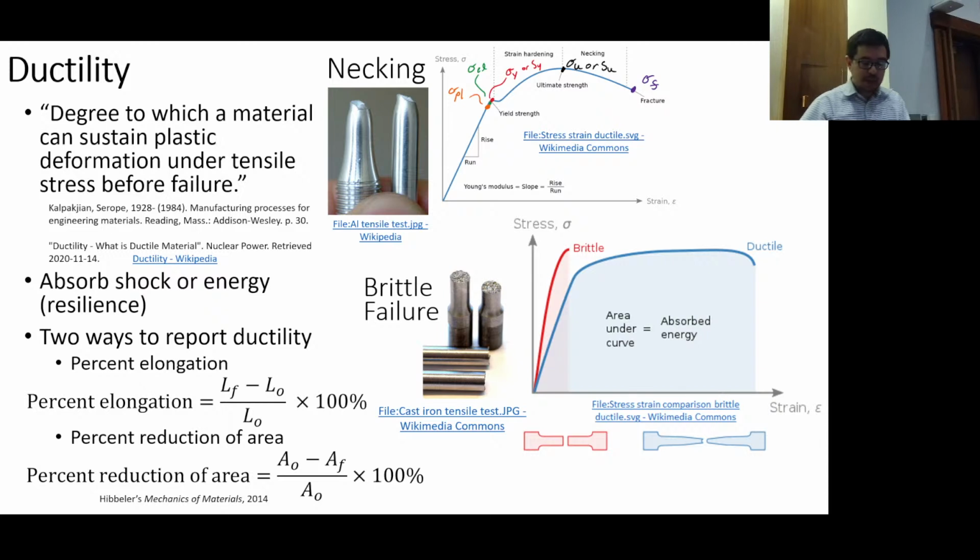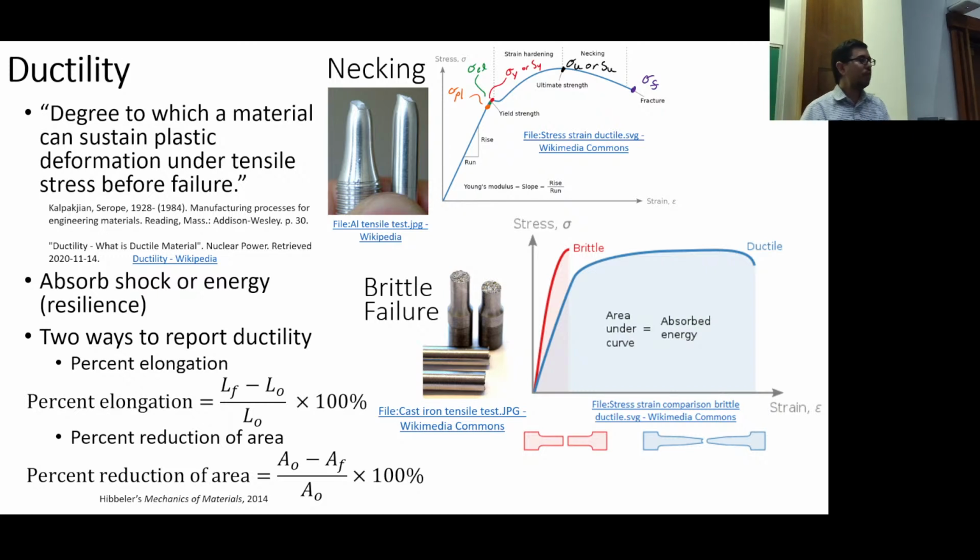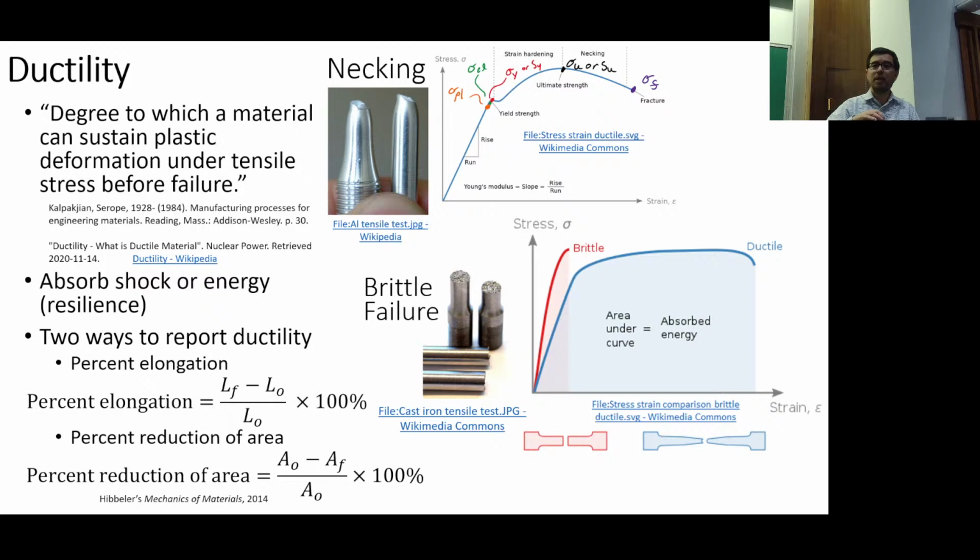So one example of brittle failure is chalk. Okay? If I stuck this in a nice tensile testing machine, what would we be expecting when we look at the surface that it creates? Look at the pictures, right? What do you expect if I were to put this in a tensile machine and take it to failure?